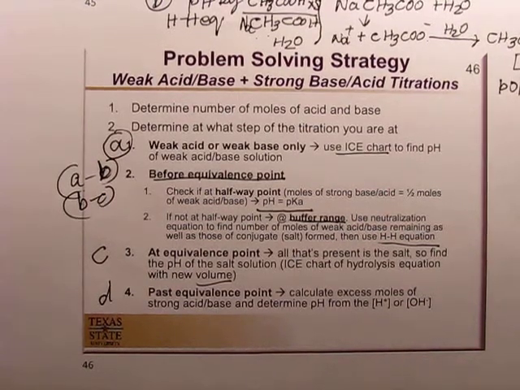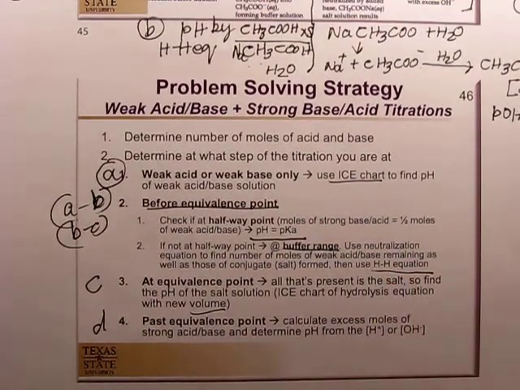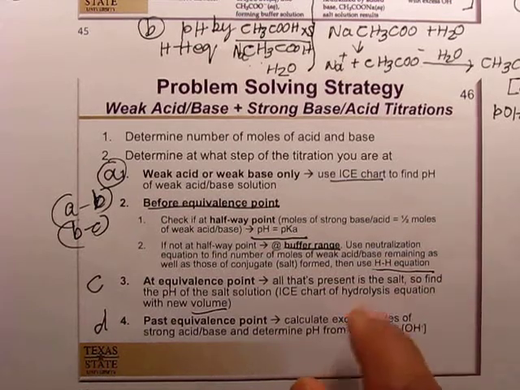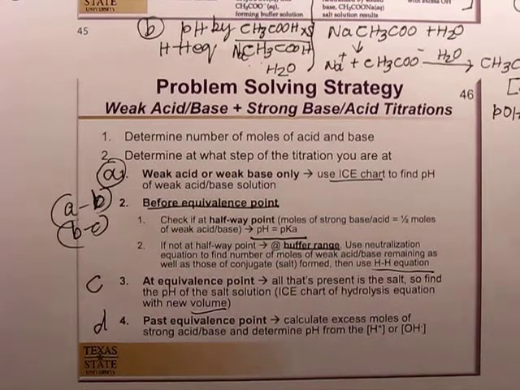So these are the strategies we use to calculate the pH at different stages in the titration of a weak acid with a strong base or a weak base with a strong acid. In the next video we will try to solve two examples related to this topic.